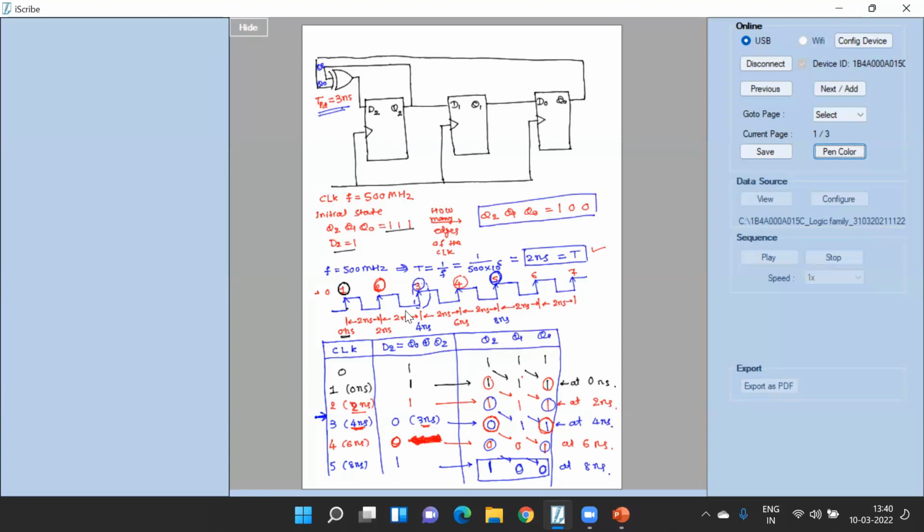And we are reaching that particular state after 5 edges. If the question is asked after how many nanoseconds we will reach that particular state, the answer is after 8 nanoseconds. So please note here, the key role is played by the XOR's 3 nanoseconds delay.